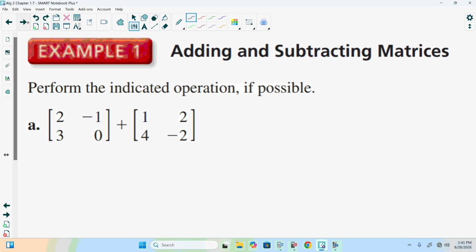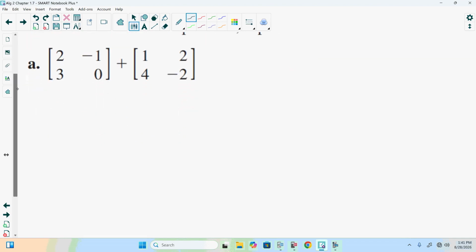So if we look at these first 2 matrices here, the first one is a 2 by 2. The second one is too. The dimensions are the same, so we add the corresponding elements because we have a plus in the middle. So 2 and 1 are corresponding elements. They're both in the top left. So we would say 2 plus 1.